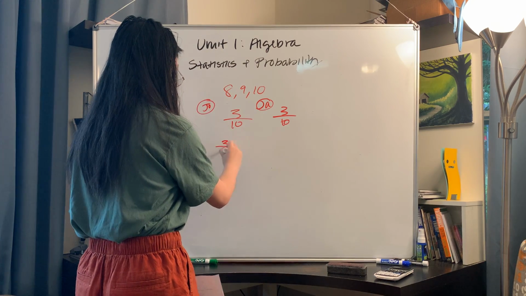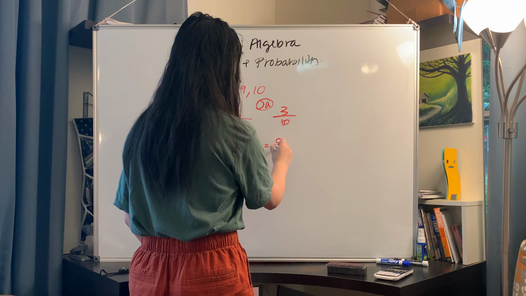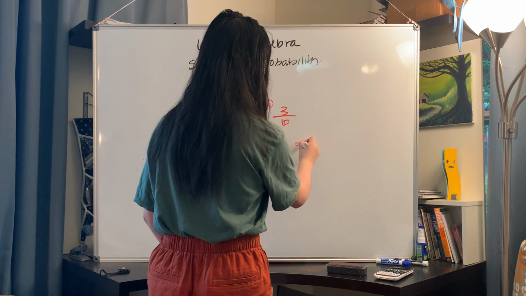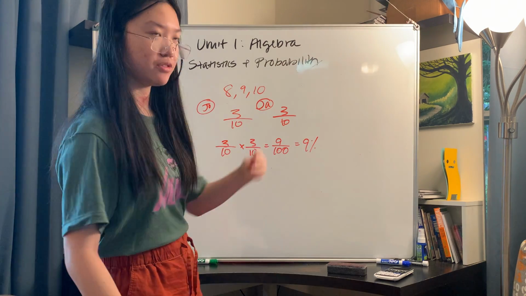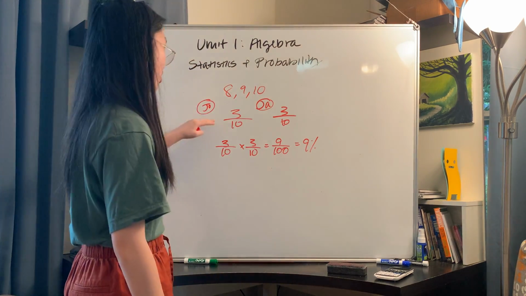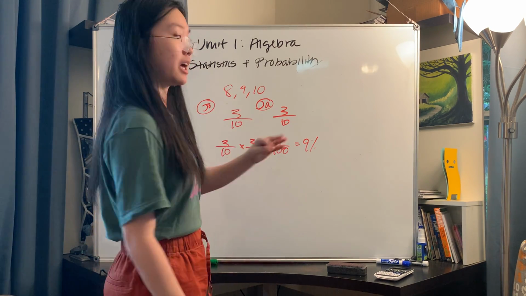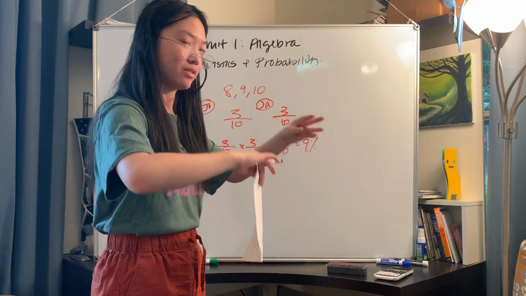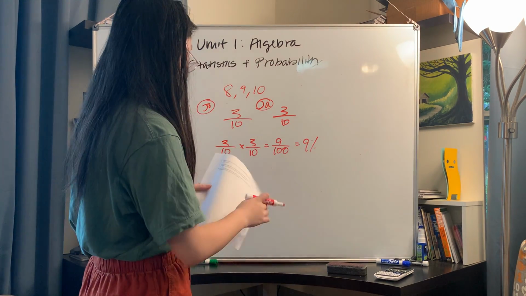So we multiply these 2 probabilities together to get 9/100ths, or 9%. If you have 2 events happening and they're separate, in this case John choosing a number and Jane choosing a number, you have to multiply their probabilities that each one of them will happen together. Okay, so that was problem 7.